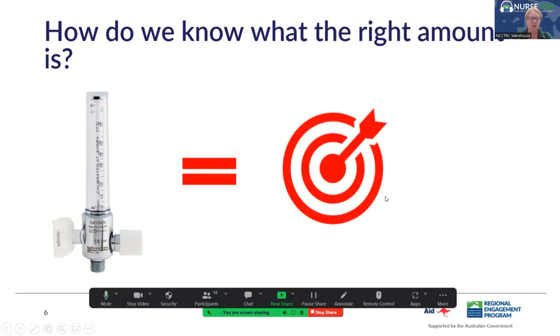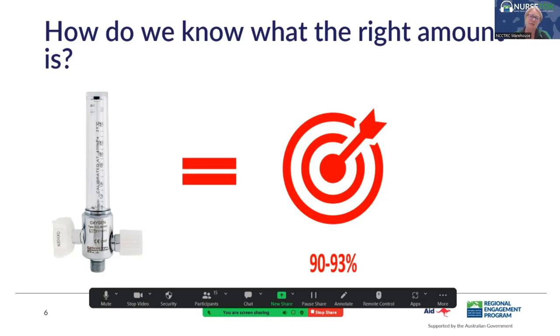And when I say good saturation levels, we don't need to aim for oxygen saturation levels of 100%. We can actually aim for oxygen saturation levels between about 92 to 95%. Right?